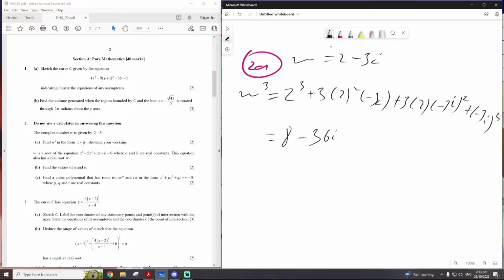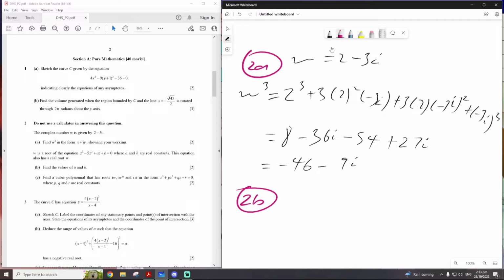Then when you square this, you get negative 9. So you get minus 54. And then cube this, you get negative 20. No, wait. Oh, wait, no, you get 27i positive. Okay. So you should get negative 46 minus 9i. Okay, you can use your calculator to check this.